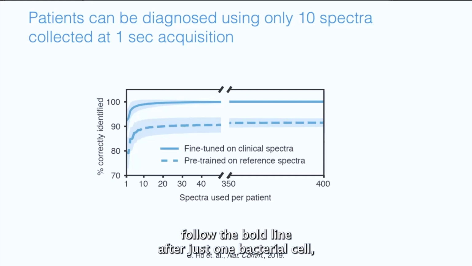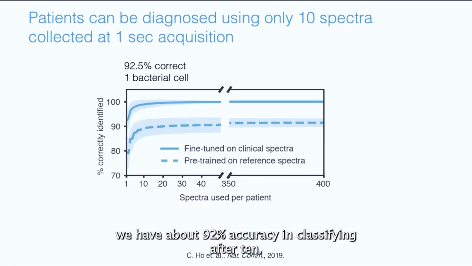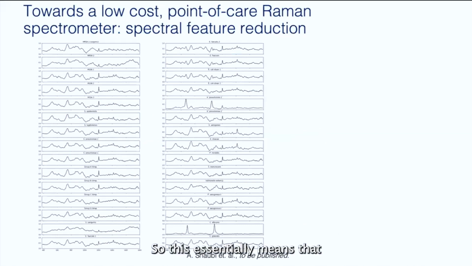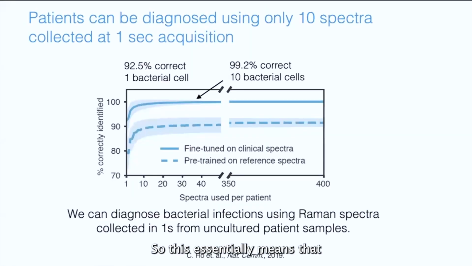Now, if you follow the bold line, after just one bacteria cell, we have about 92% accuracy in classifying. After 10, it is about 99%. And then it plateaus. So this essentially means that we only technically need 1 to 10 cells to make this prediction.